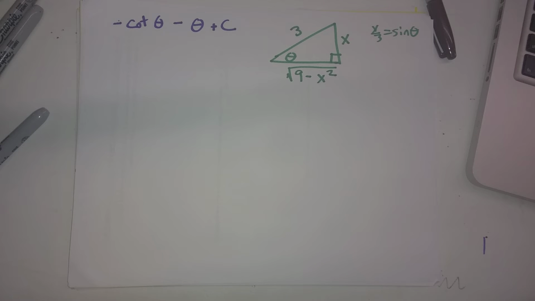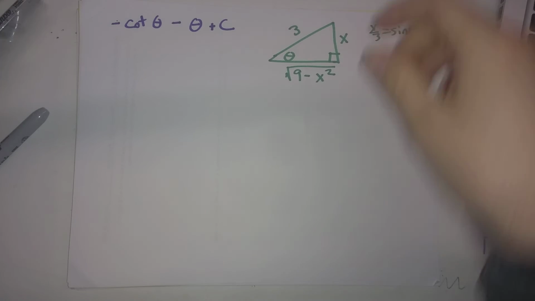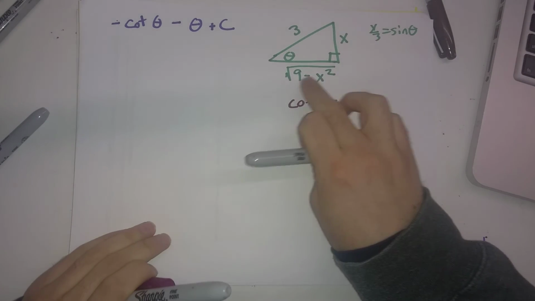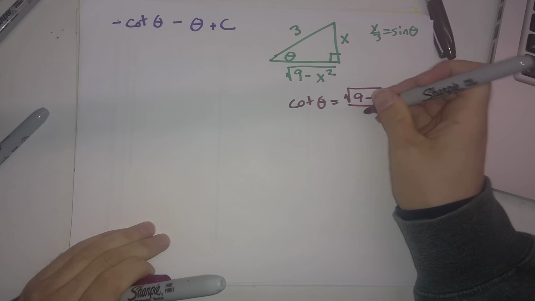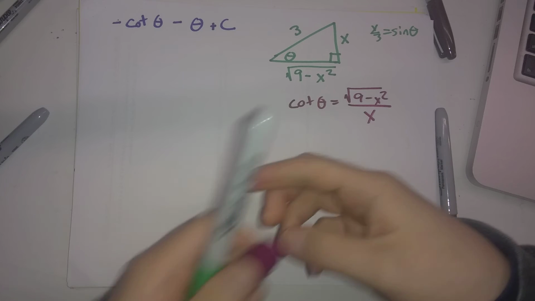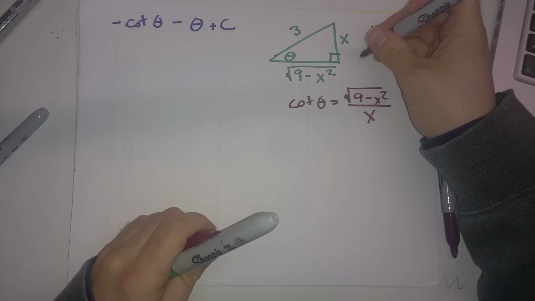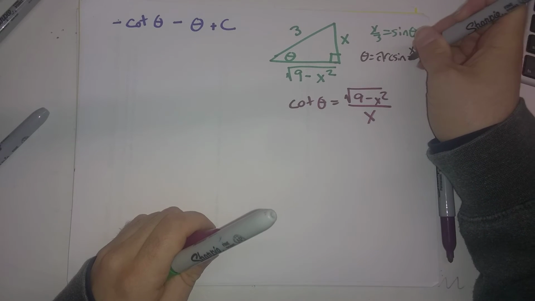Okay, so now we should be able to read off information from this. Cotangent theta, so from here we can see that cotangent of theta is going to be square root of 9 minus x squared divided by x. And theta, taking arcsine of both sides here, theta is equal to arcsine of x over 3.